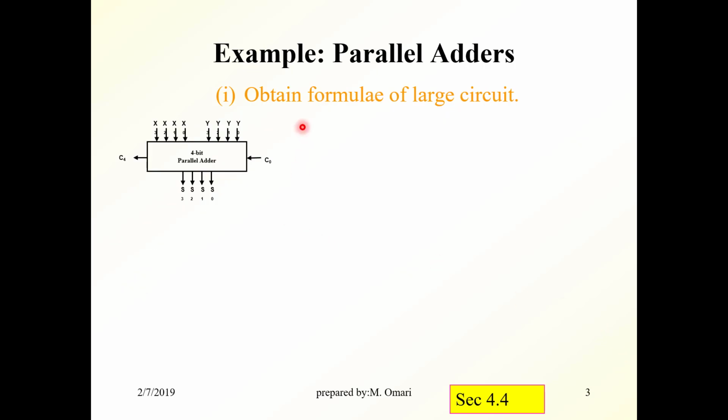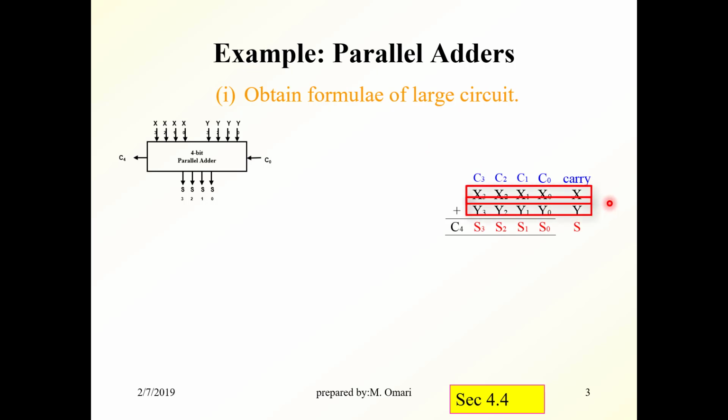Okay, let's decompose the problem to obtain the formulas for the large circuit. The two numbers that we want to add, X and Y, can be added by adding 3 bits together: the Cn, the first bit of X, and the first bit of Y, to get a sum, S0.